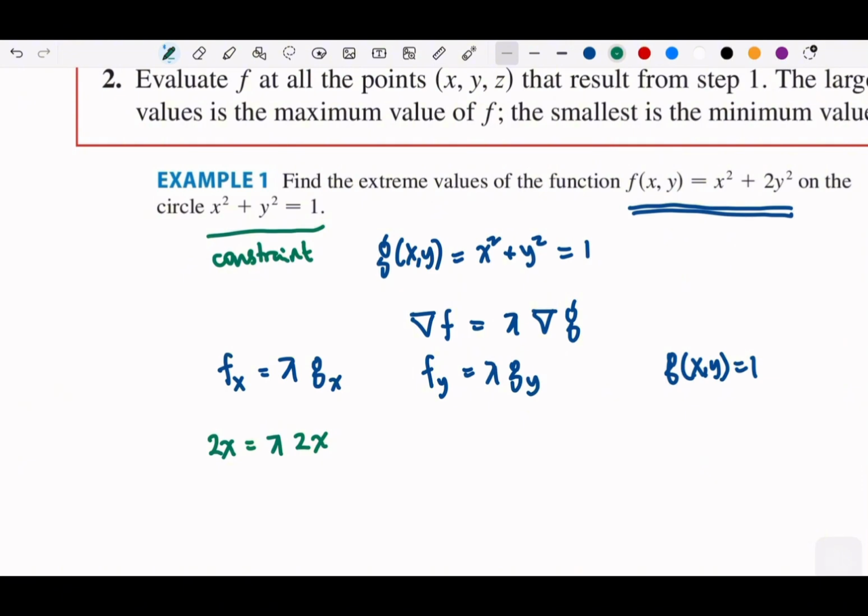And then this will be 4y equals lambda times 2y. Okay. And we have the restriction x squared plus y squared equals 1.